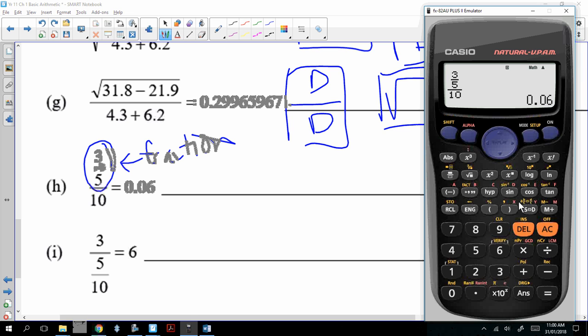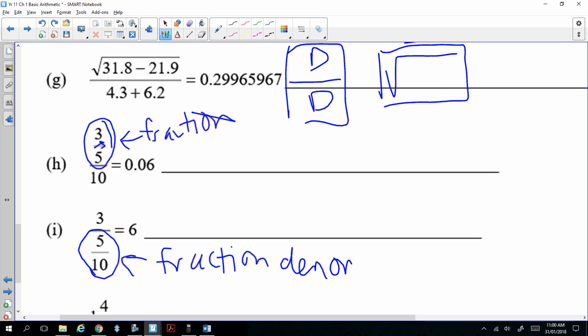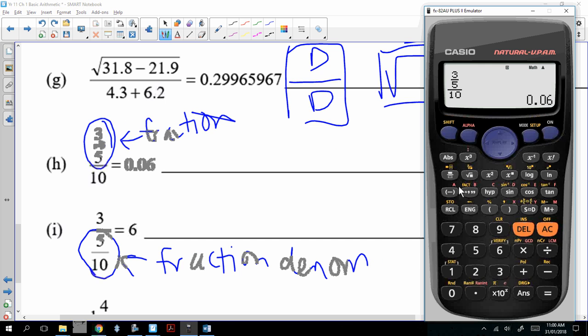But can you see this is a different problem? Now the fraction is in the denominator. So what happens if there's a fraction on the denominator? You first press the fraction key, but you have to move the cursor down first. And then press the fraction key, right? So you get 5 over 10. And then on the top put the 3.